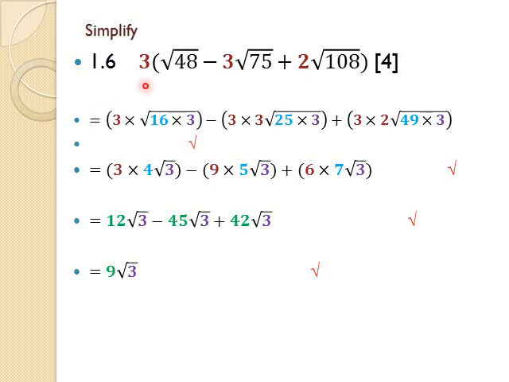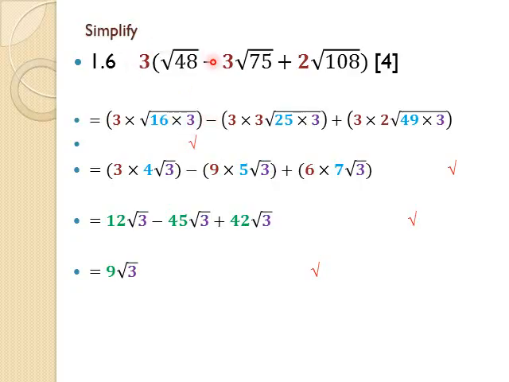Right, so 1.6, I have 3 square root 48 minus 3 square root 175 plus 2 square root 108. I'm testing the distributive law. Can we multiply in? So 3 times the square root of 48. Remember, without a calculator, so the perfect square in there is 16 times 3.